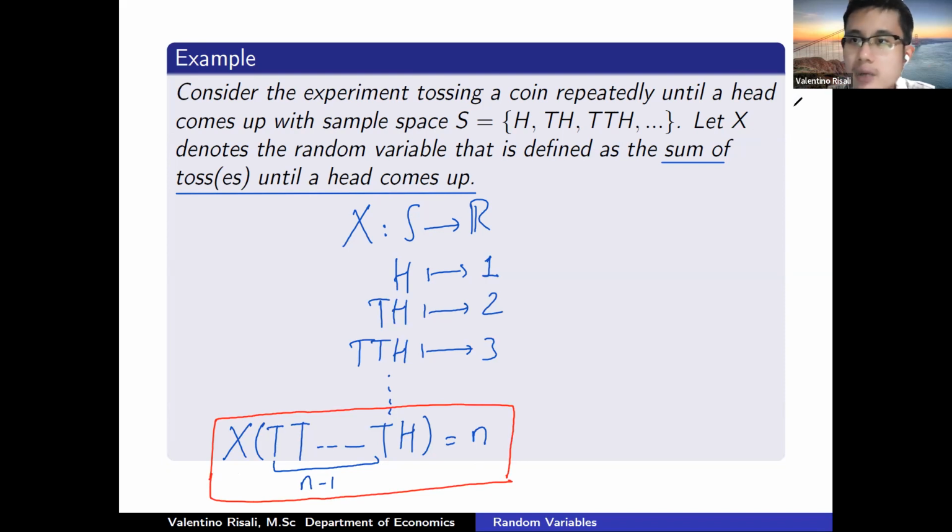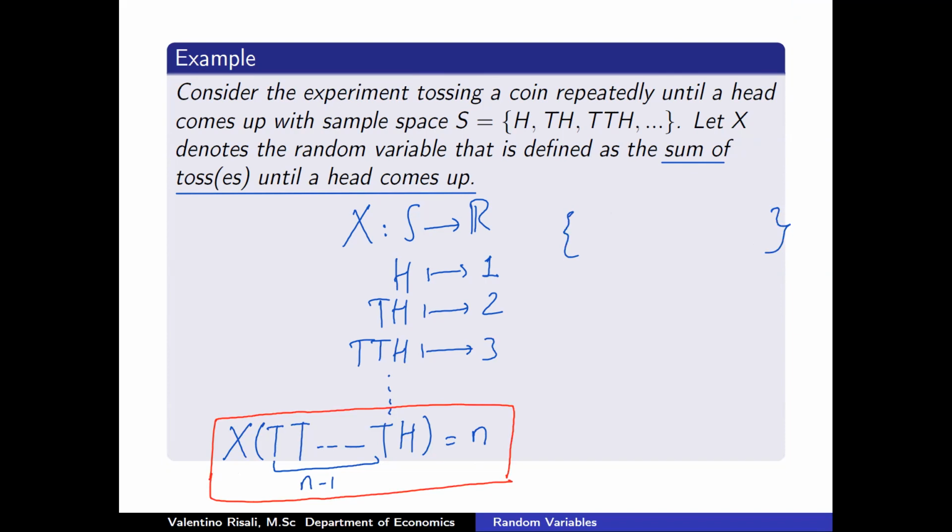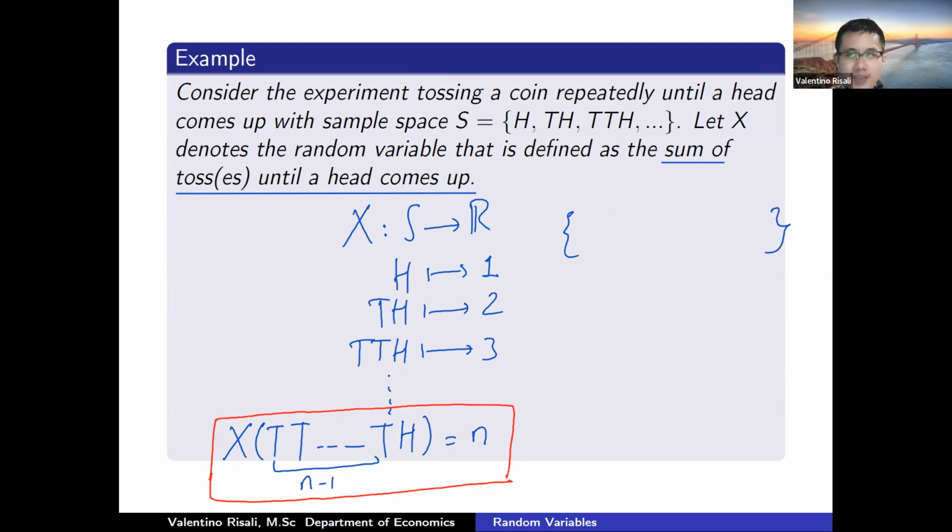Okay, and we continue. What is the set of possible values? Set of all possible values. What is that? 1 until infinity. Yeah, right. The elements are 1, 2, 3 until n, and so on until infinity. Okay, great. Thank you.